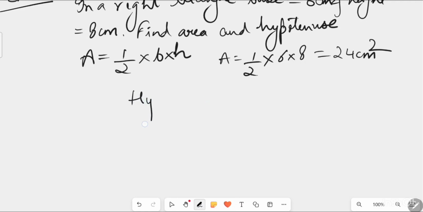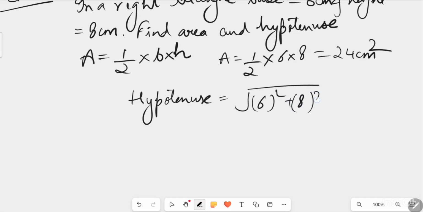So hypotenuse is under root 6 square plus 8 square, that is under root 100, which is equal to 10 centimeter. This kind of question is a favorite in TGT, simple but concept based.